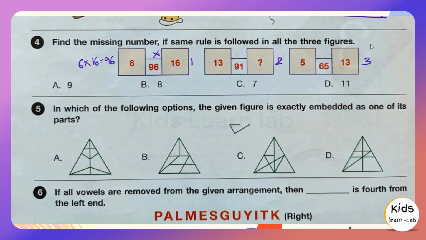Here 5 into 13 is equal to 65. 13 into how much is equal to 91, children? 13 into 7 is equal to 91. So option C is the right answer, children.